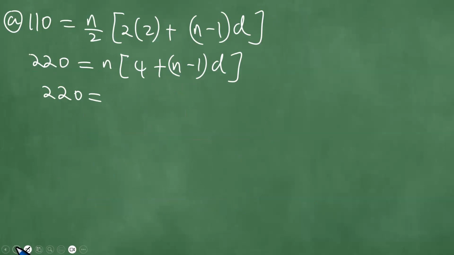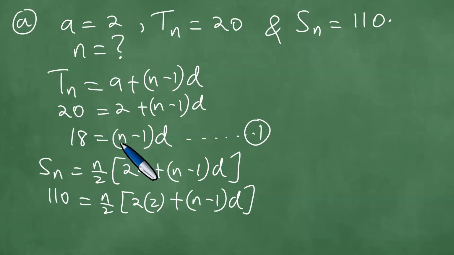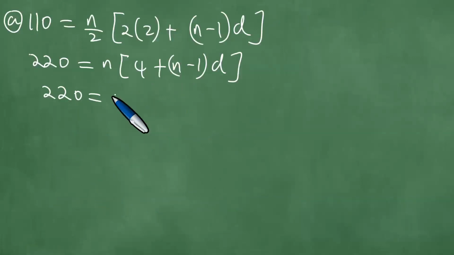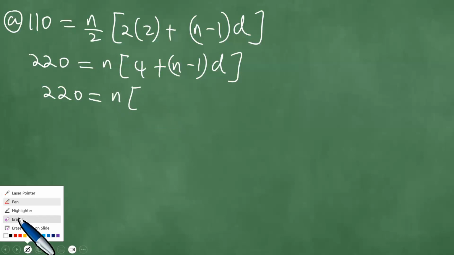So there are many ways to do this question, obviously, but one easy way is to say you need to find n and d. But what is n into this equation? This equation is n minus 1 times d, which is 18. So in other words, you can leave it like this. Let's just remove this.